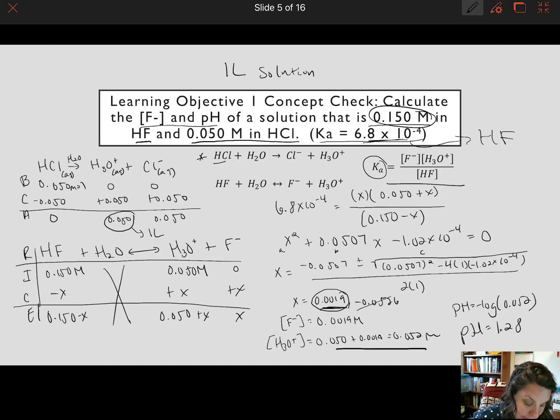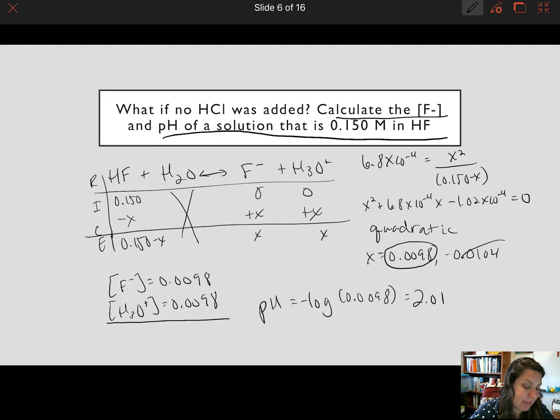But we have to remember that the amount of hydronium we produced has decreased. For our HF, we just added in a significant amount of hydronium by having an acid added in. So in general, if you add in a common ion to a weak acid, it will decrease your hydronium, which will then increase your pH. But that is not going to be true if the common ion you add in is hydronium.